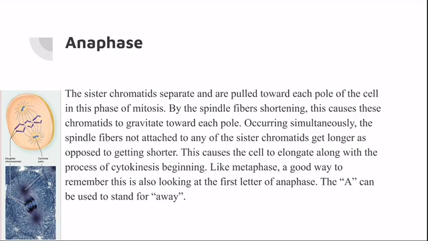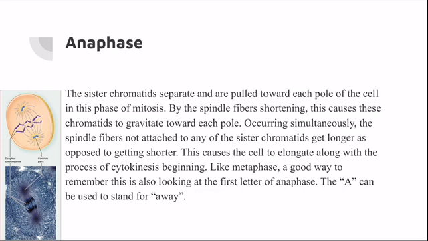Anaphase. The sister chromatids separate and are pulled towards each pole of the cell in this phase of mitosis. By the spindle fibers shortening, the cell causes these chromatids to gravitate toward each pole. Occurring simultaneously, the spindle fibers not attached to any sister chromatids get longer as opposed to getting shorter.